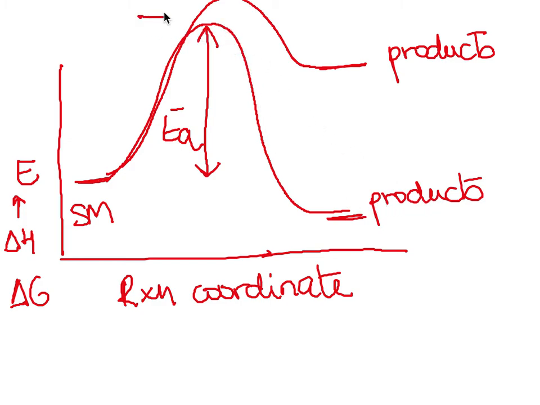This maximum of energy is called a transition state. We're going to explore each one of these elements further.